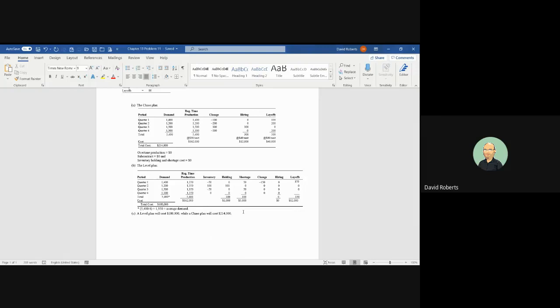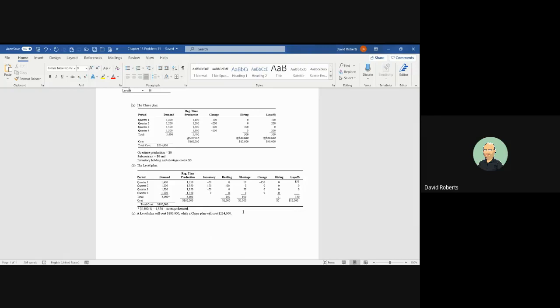So that's where we're getting the savings, rather than spending $52,000 hiring and laying people off. We're only spending $6,000 on inventory from between shortages and holding costs. Of course, to adjust our workforce at the start, we had to pay $12,000, but overall, that $18,000 is a lot less than the 52.